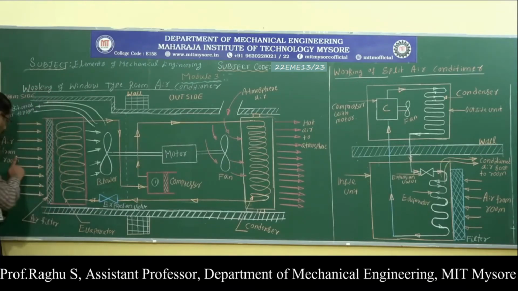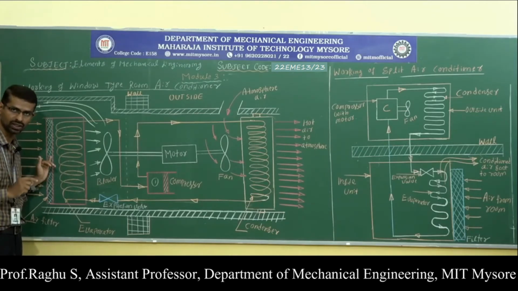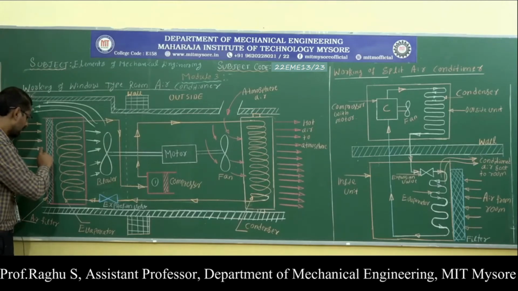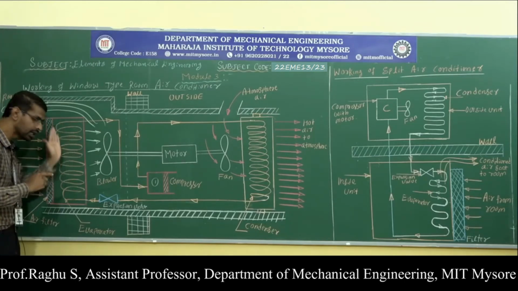Now, the hot air from the room is sucked through the air filter. This air filter removes the dust present in the air. The hot air is made to flow over the evaporator tubes.